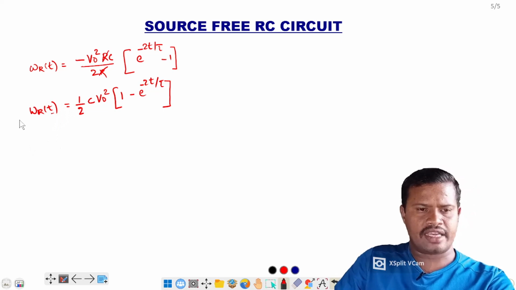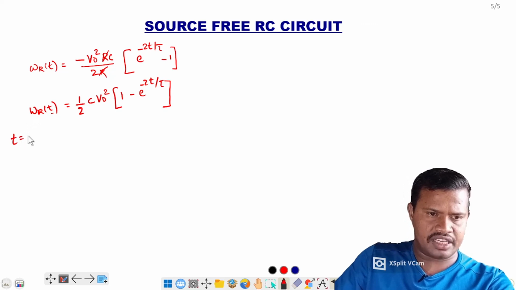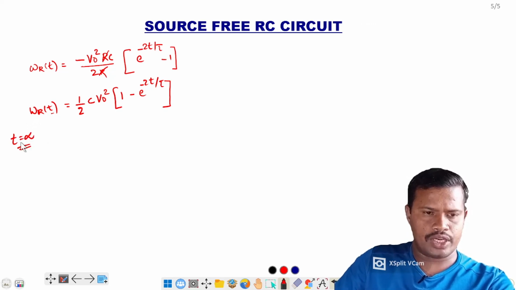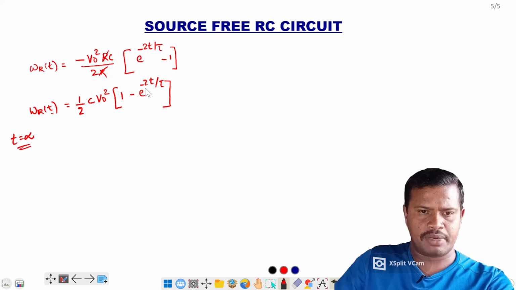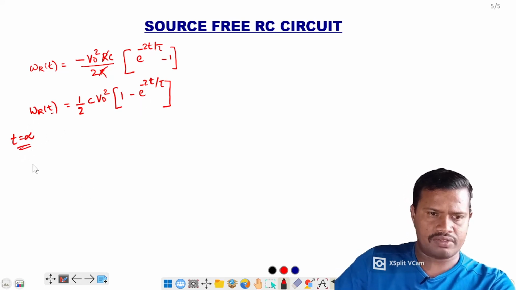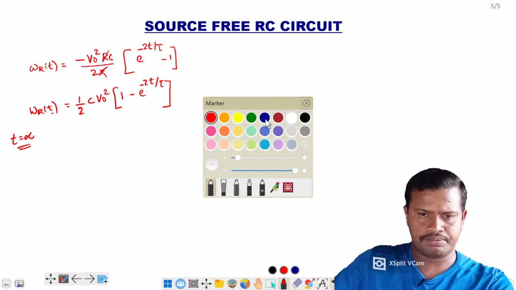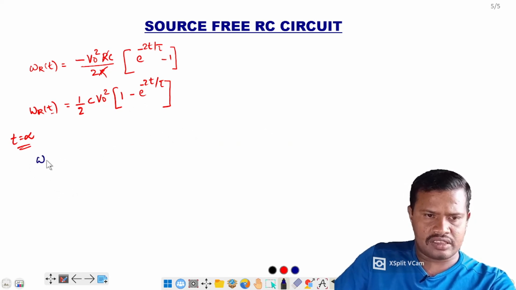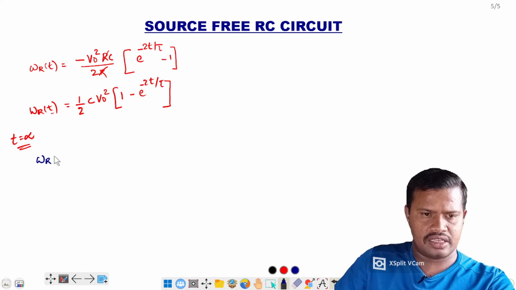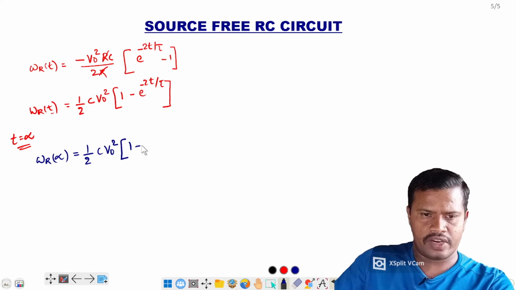Now we need to calculate the amount of energy dissipated by the resistor at time t equal to infinity. We are going to apply the infinity value in place of t in the above equation. So the energy dissipated by the resistor at t equal to infinity will become half C V naught square into 1 minus e to the power of minus 2 times infinity by tau.